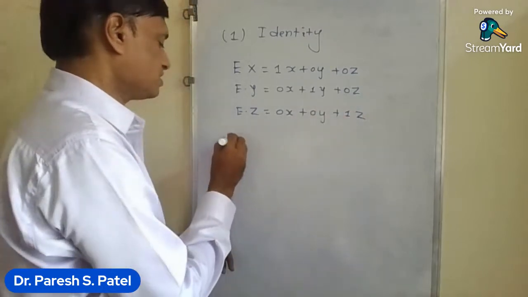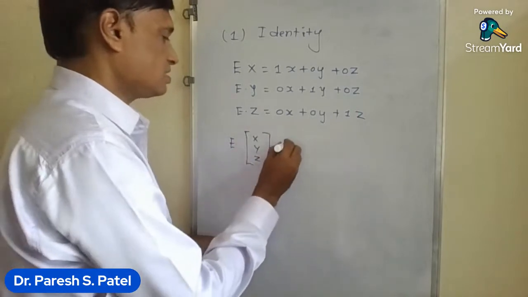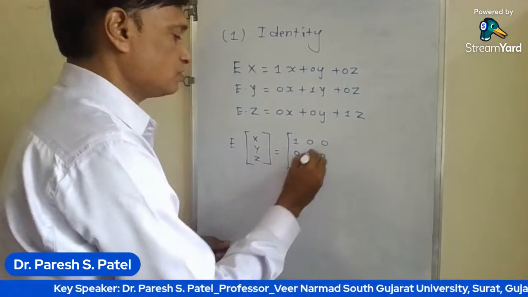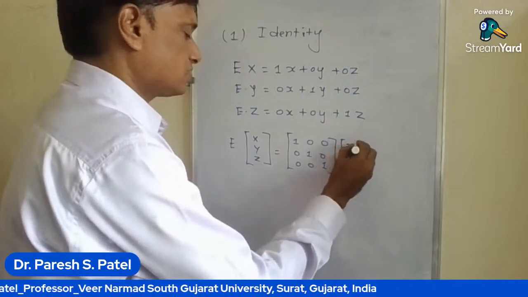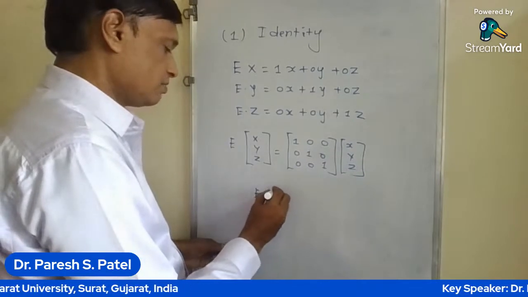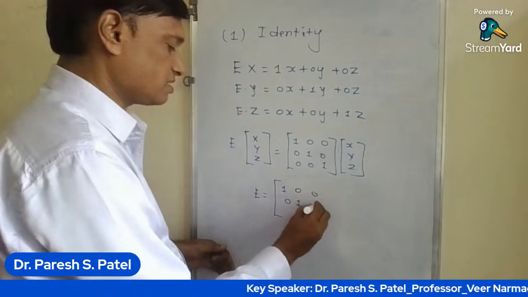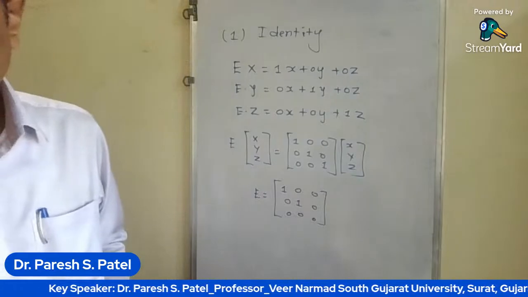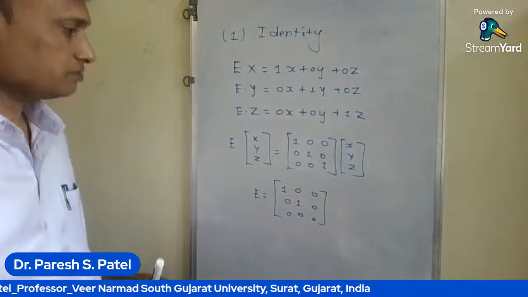So this can be represented as E acting on x, y, z equals the matrix 1 0 0, 0 1 0, 0 0 1 times x, y and z. It means the matrix representation for the identity symmetry operation is 1 0 0, 0 1 0, 0 0 1, and this is the derivation for the identity symmetry operation.